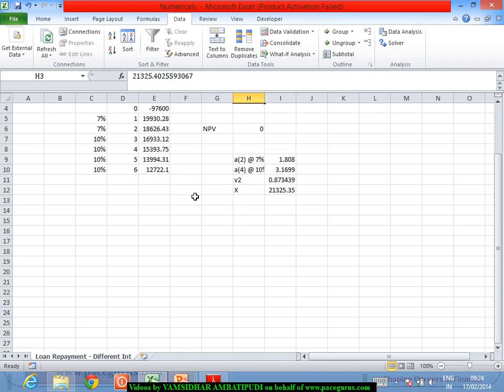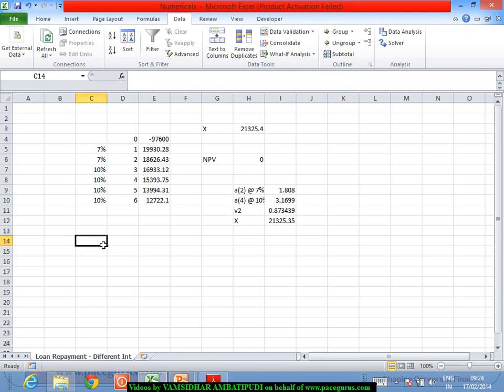And now for this entire 6 years, if I want to draw a schedule, beginning principal, this is the way we draw the schedule.